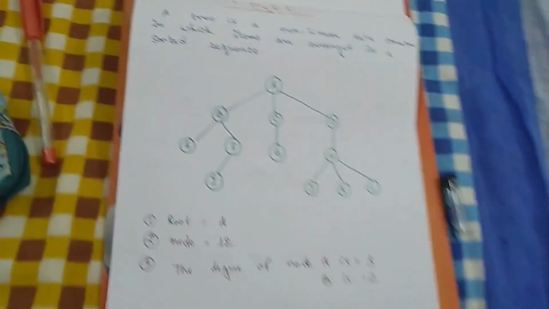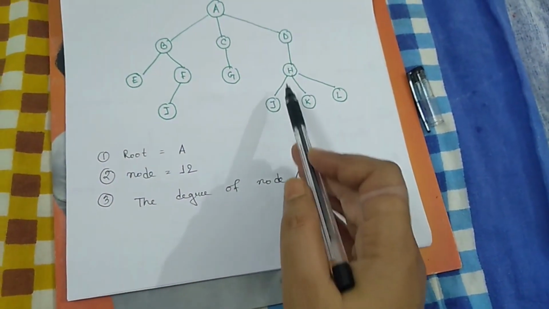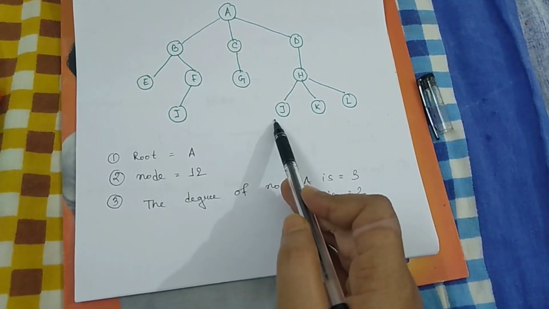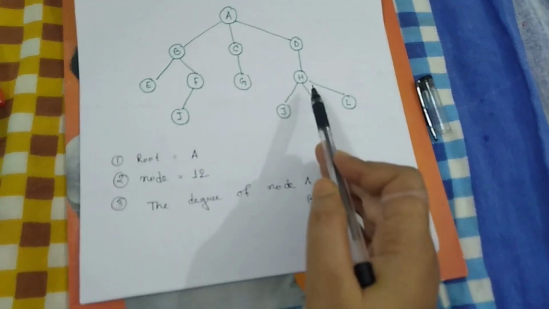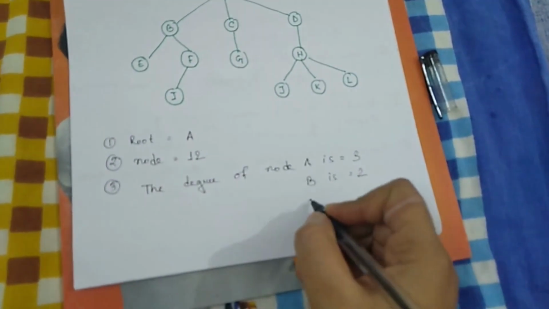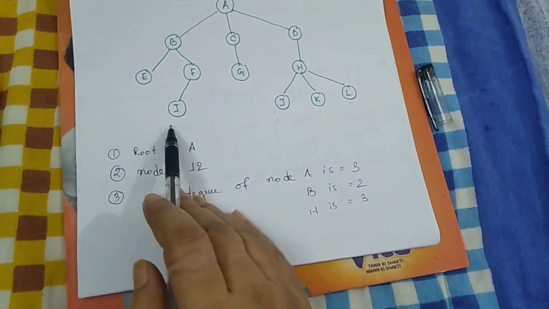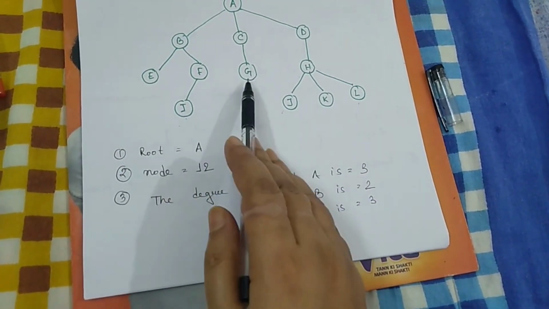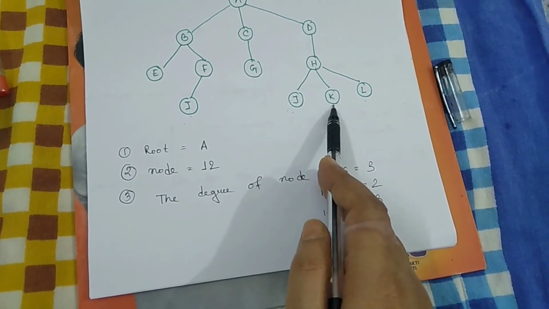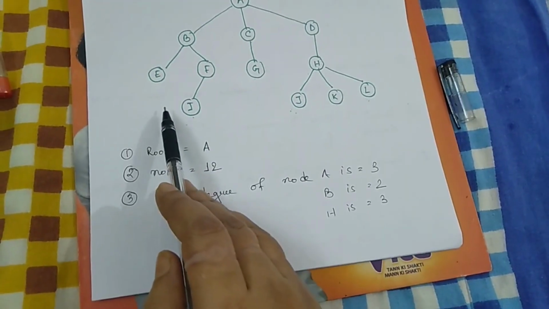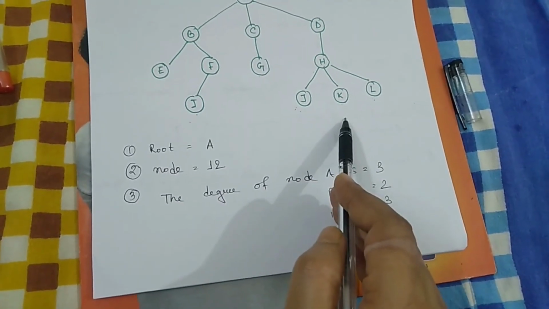Now if we consider H, H holds another 3 nodes, that is J, K and L. That's why the degree of H is 3. Now if we consider the nodes I, G, E, J, K and L, those nodes do not hold any other nodes, right?